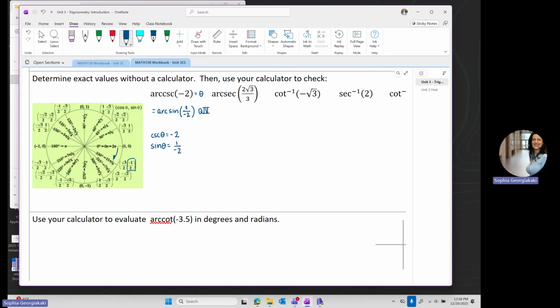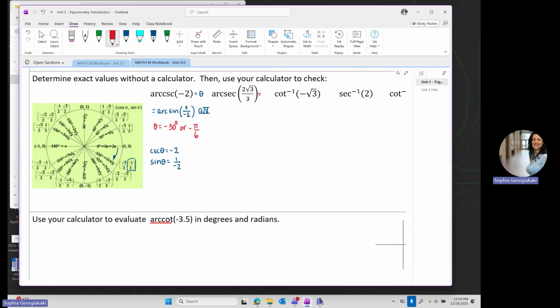So the answer here would be theta equals -30 degrees or -pi over 6.